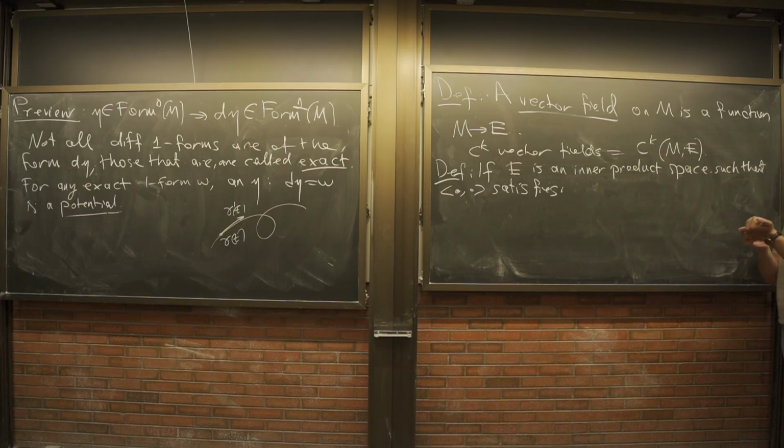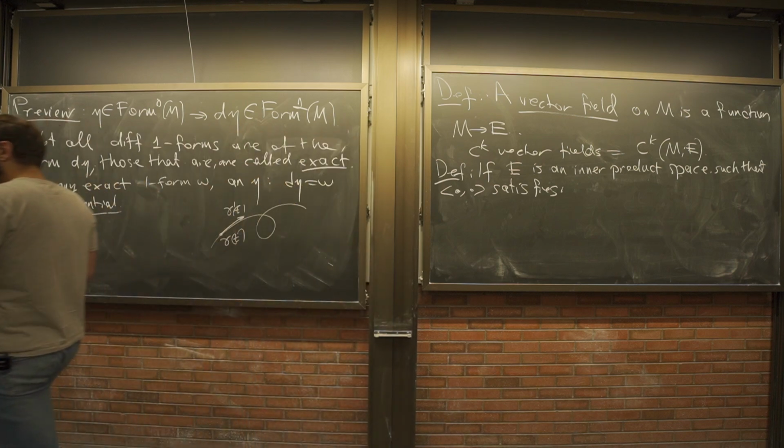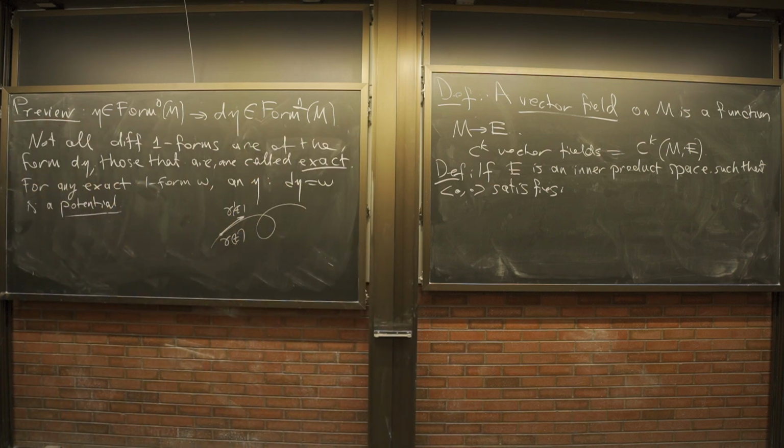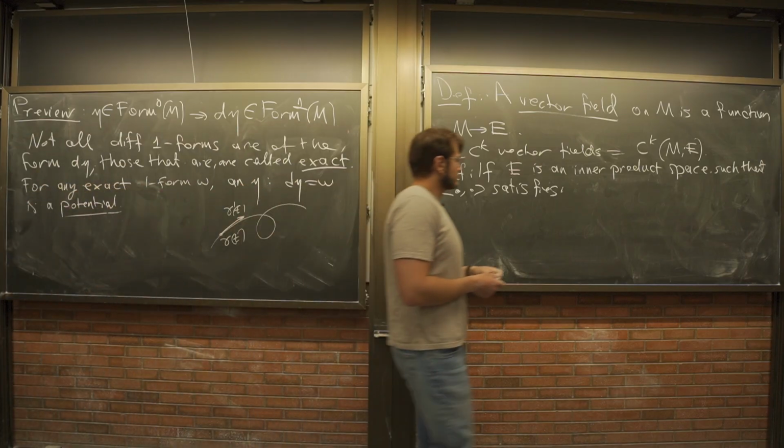Well, this property is going to be something that essentially allows me to talk about adjoints in the sense that you worked on in one of the previous problem sets.